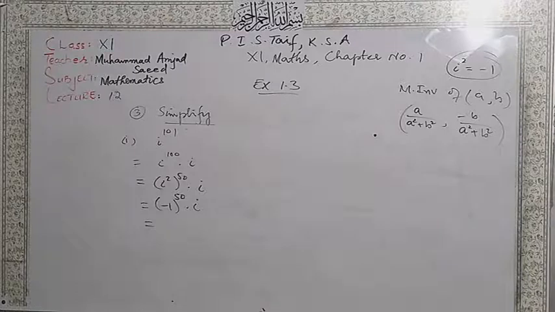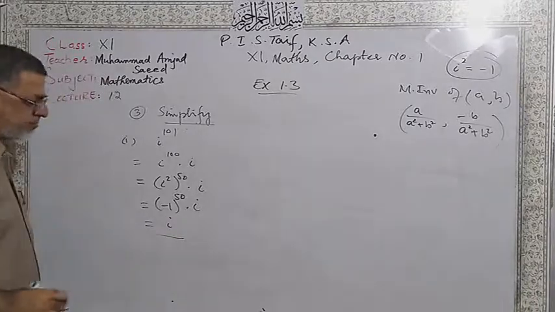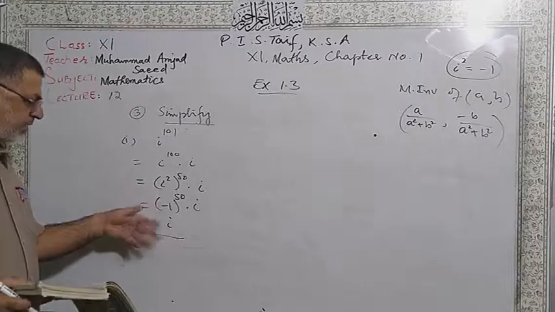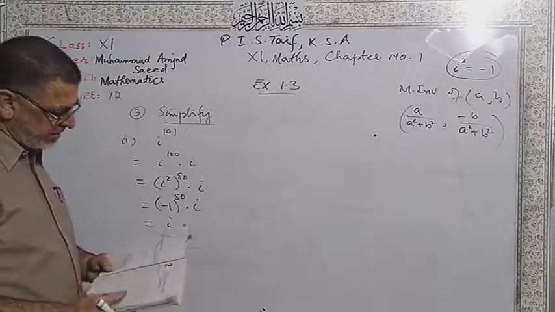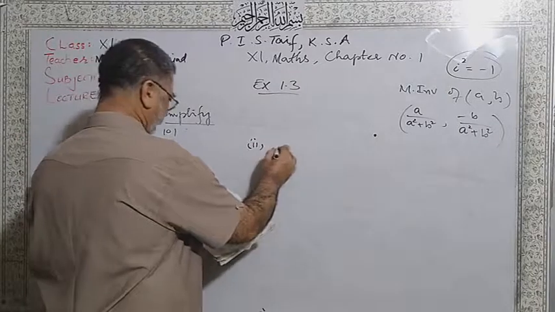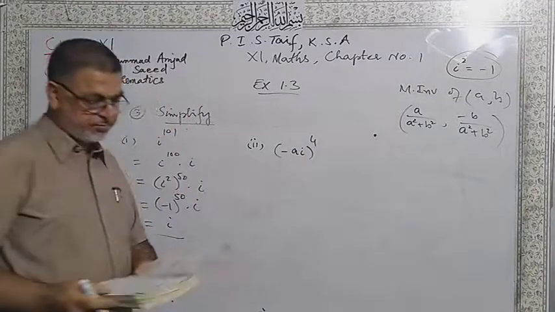And you know that it will be iota, because power 50 is an even power, so it will make it positive. After that, part number 2 is minus a iota power 4.